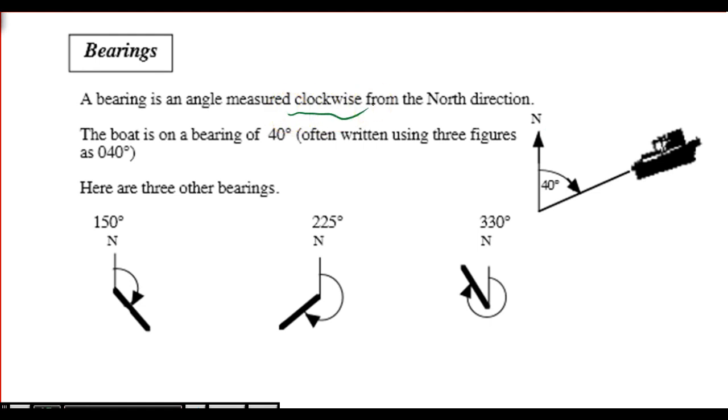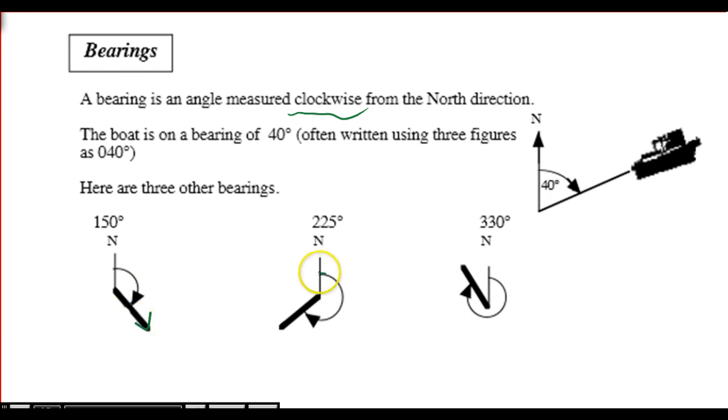As you move away from north, if you move to the right, you would say, for example, this boat is on a bearing of 40 degrees. If you told that to somebody, they would know precisely which direction you're traveling in, because we always measure clockwise from north. And then you can see down here, if I'm saying 150 degrees, well, I'm going the opposite direction, southeast here.